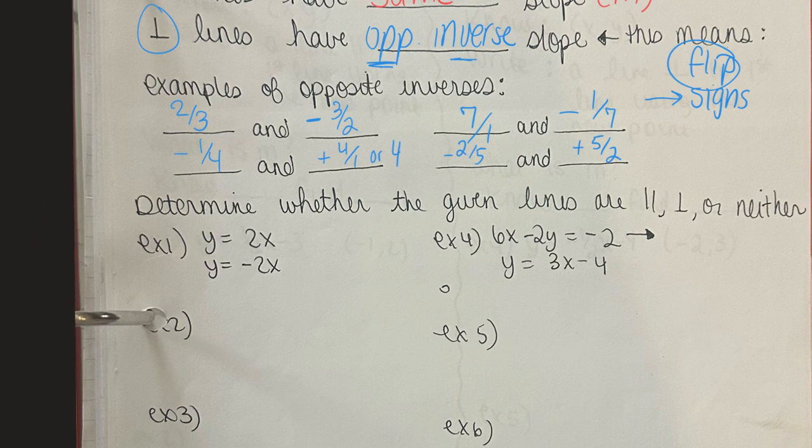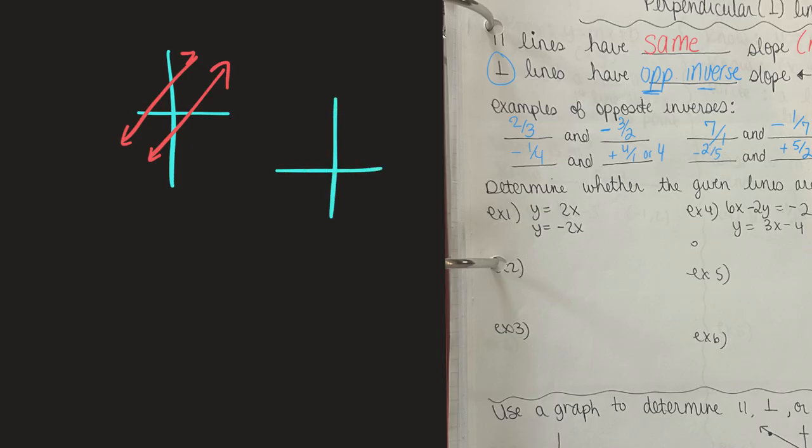Okay, so now the directions say determine whether the given lines are parallel, perpendicular, or neither. So for an example, let's just draw a little picture here. If I had my x and y axis, parallel would look like this. They're never going to cross. Perpendicular would look like this.